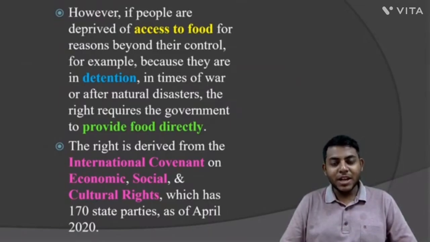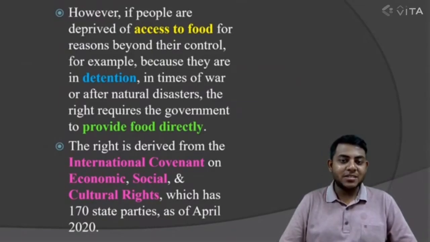But in the articles that I've just discussed, that is Article 41, Article 47 and Article 48, we get certain aspects which are related to the right to food and which entrust the government or the state to ensure the food security of its fellow citizens.